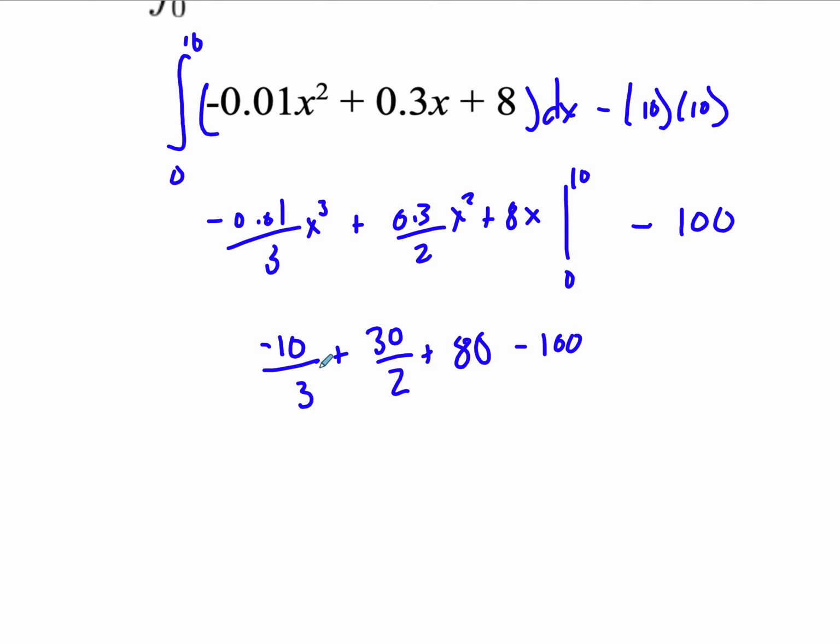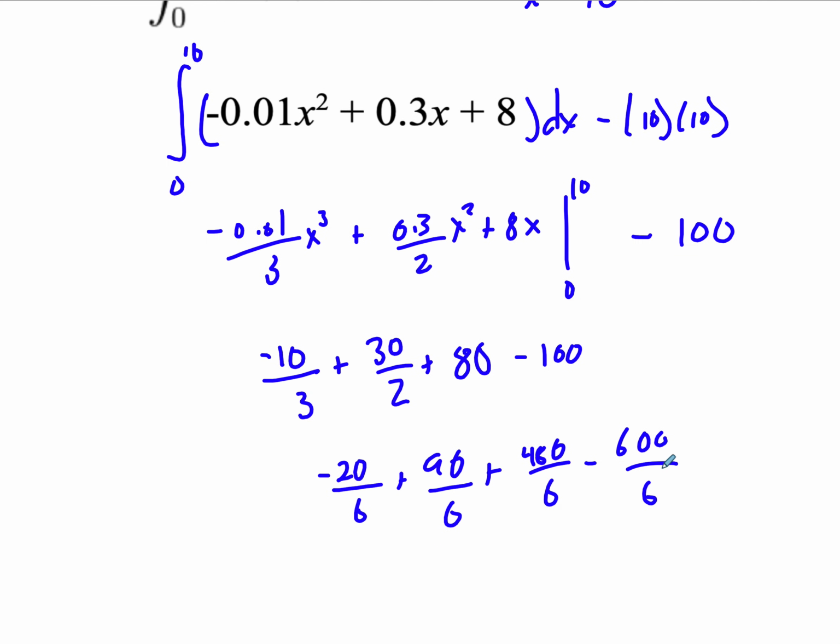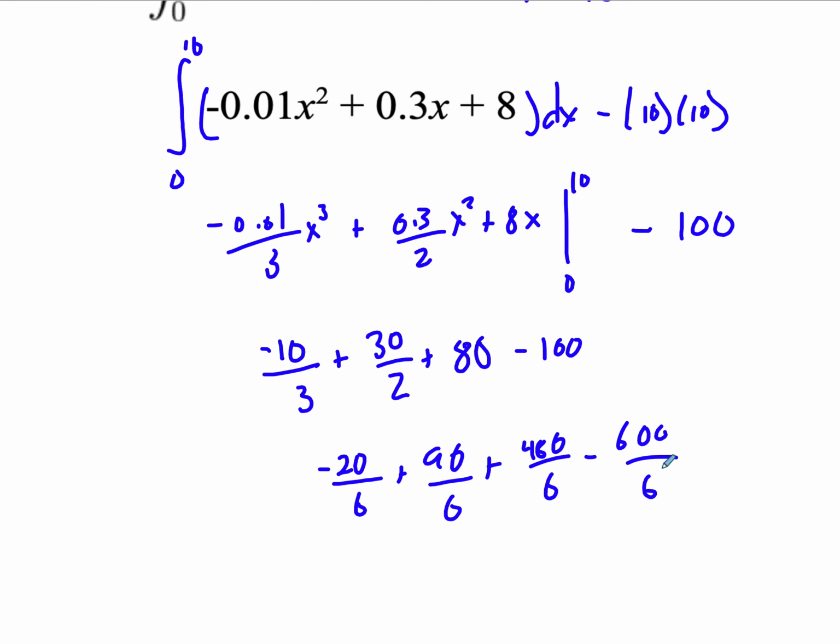All right, and now let's convert this onto sixths. So negative 26 plus 96 plus 486 minus 606. Okay, because we're just going to use our function here. You can see this is a tall order. So I'll do negative 20 plus 90 plus 480 minus 600, and I get negative 56.